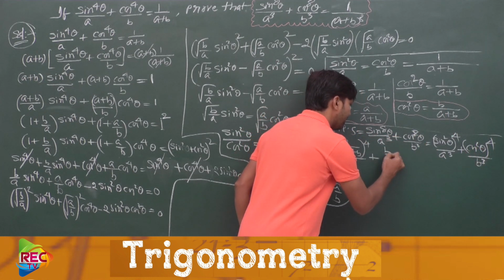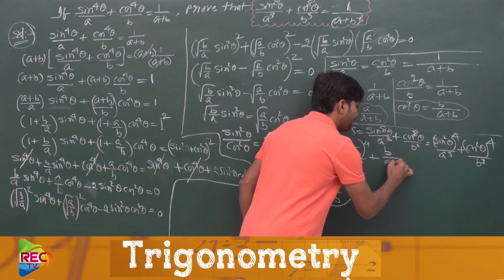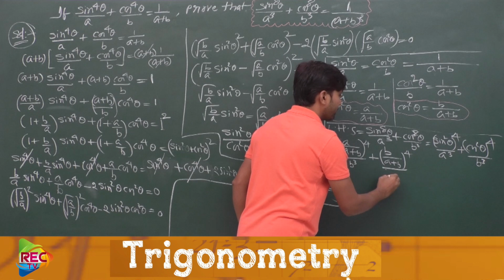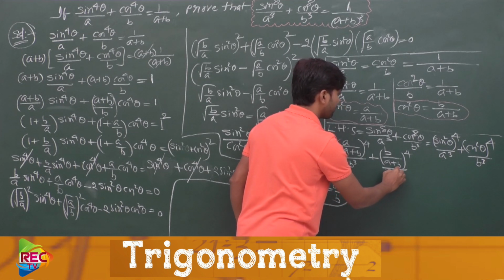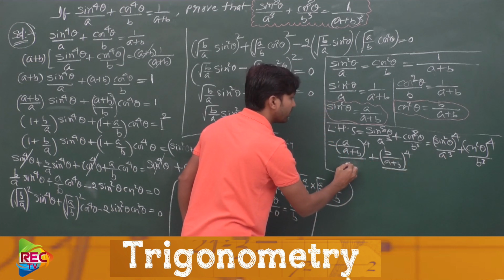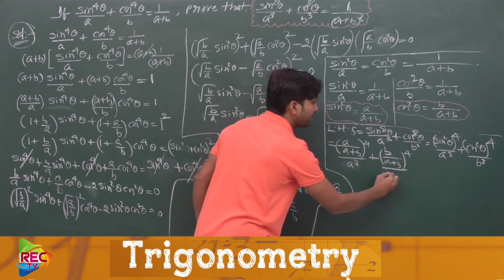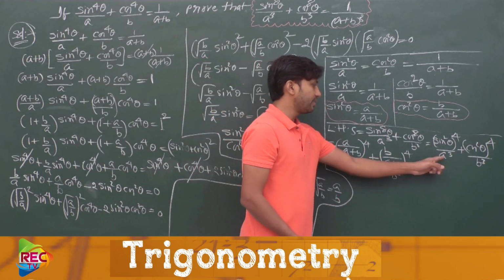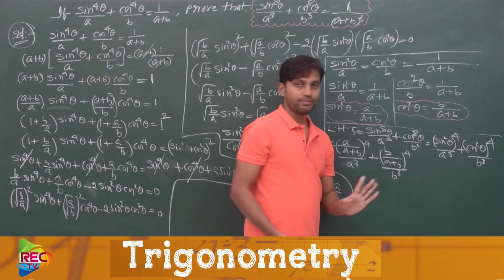So we can put it here b by a plus b whole power 4, no? By, oh sorry, here it is a cube, and this is b cube.